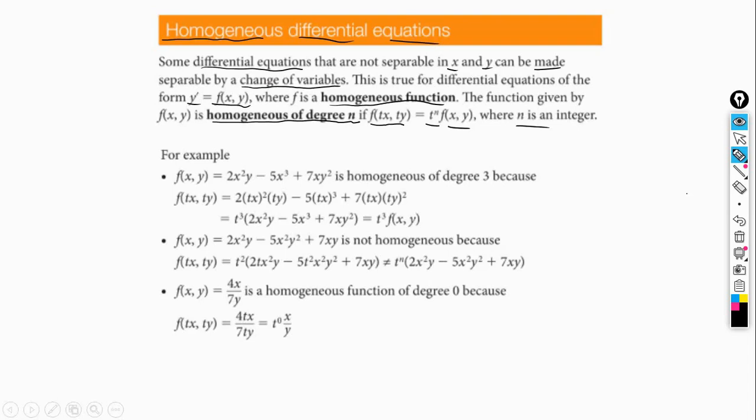So notice that if you rewrite every x and every y, for example here, as tx or ty, we get this other expression.